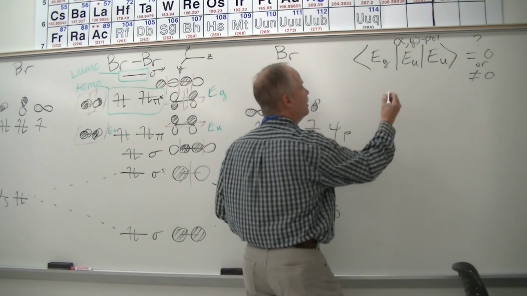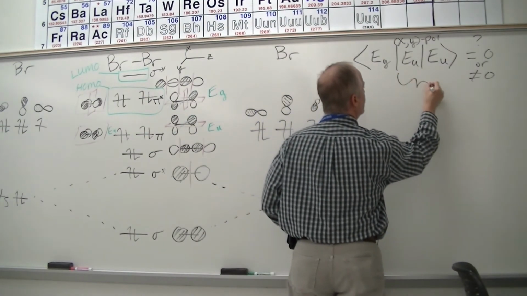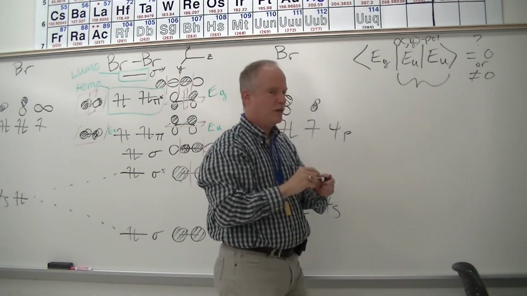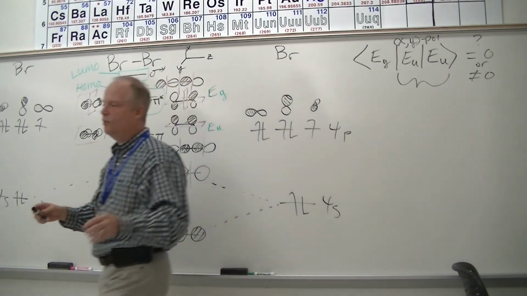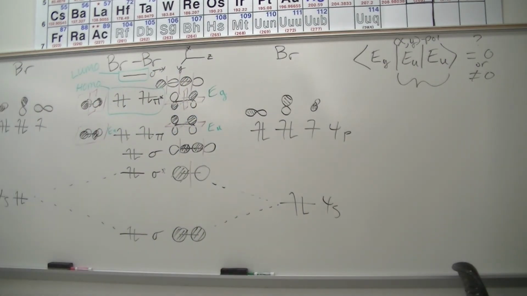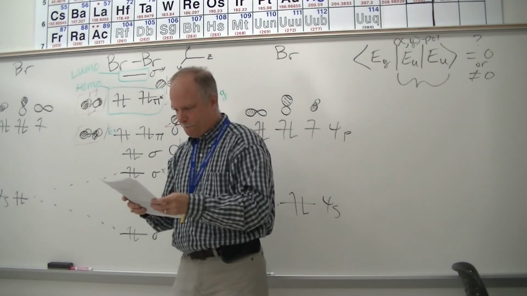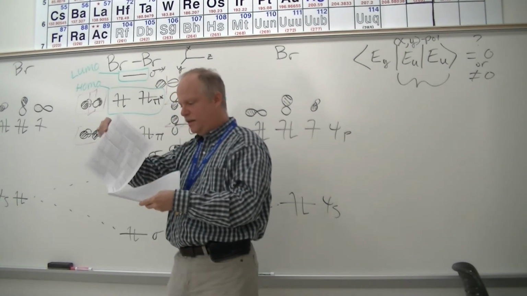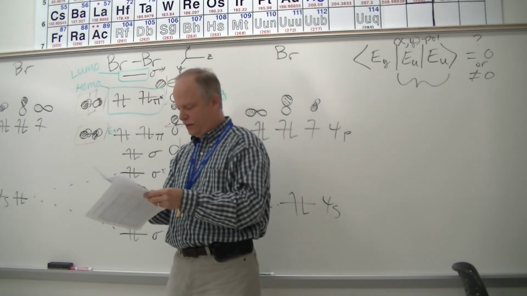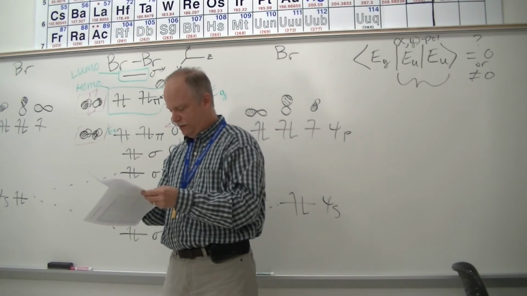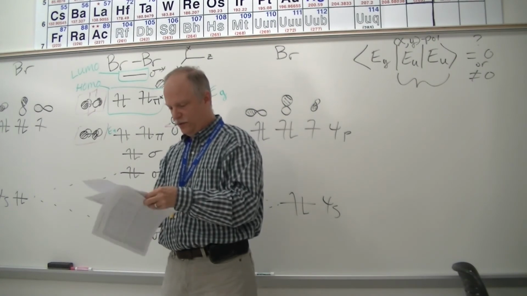So let's look at this. E times E. So we go to the character table, the direct product tables. And the little subset that I gave you, I don't think we have the D infinity h. Yeah, that's unfortunate.